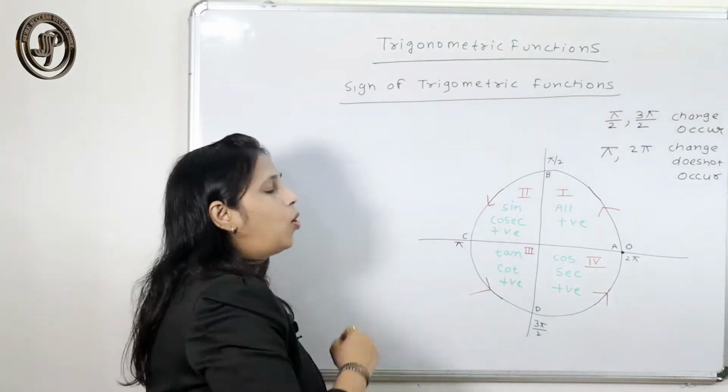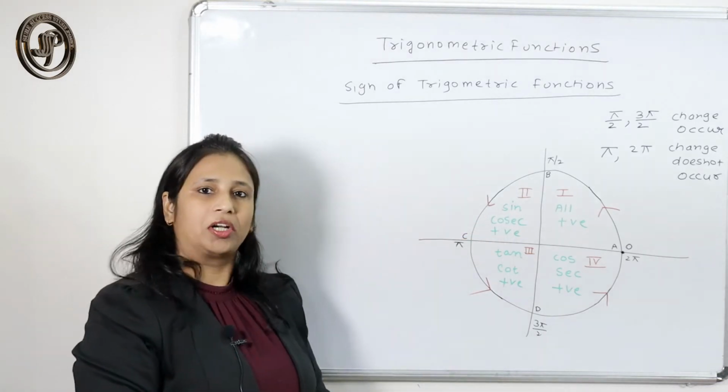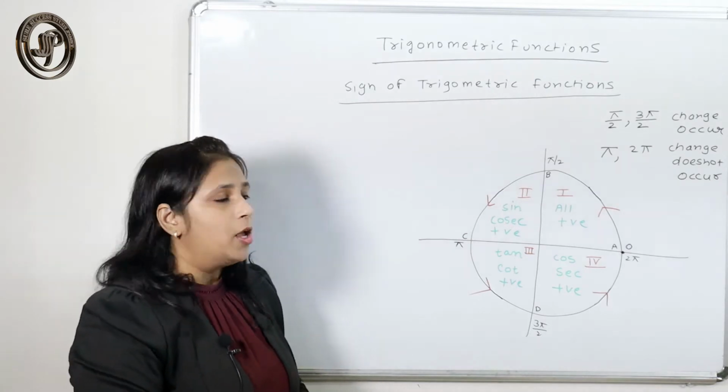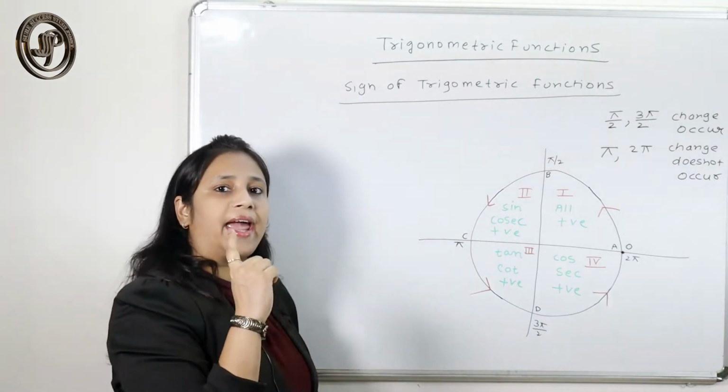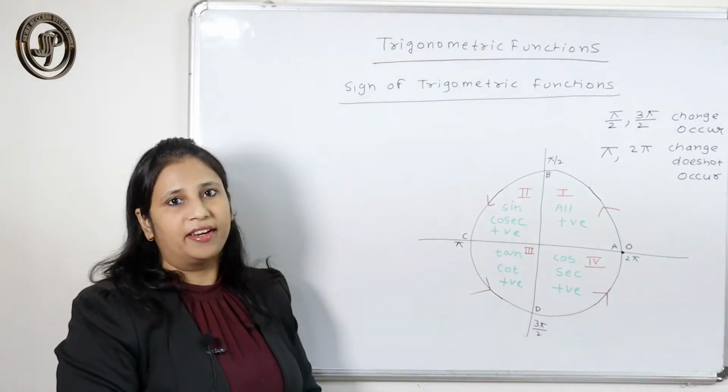Means in the second quadrant tan is negative, cot is negative, cos is negative, sec is negative. So in the second quadrant, except sine and cosec, the four trigonometric functions are negative.